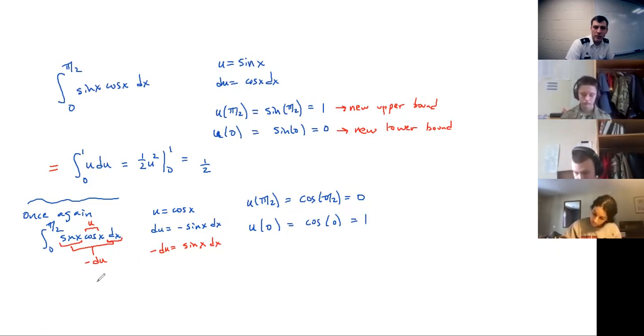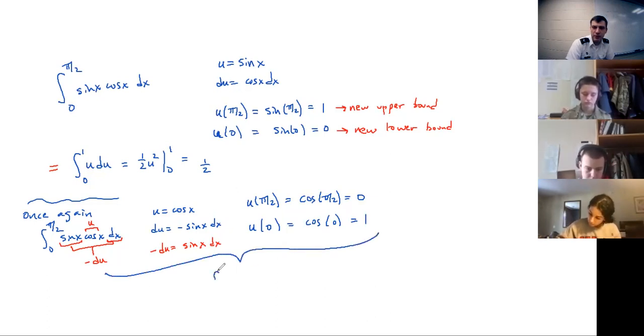So all of this is going to combine together to give me an integral. What's my new lower bound? 1. New upper bound is 0. Feels weird, right? Because my old lower bound led to 1, my new lower bound is 1.